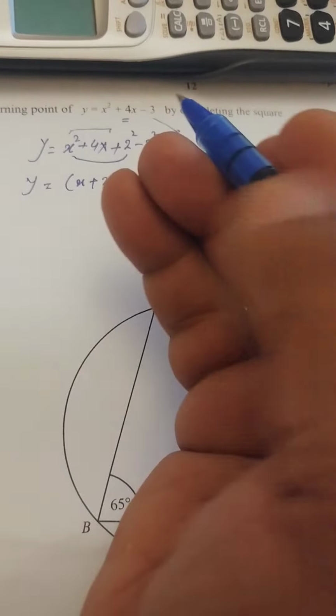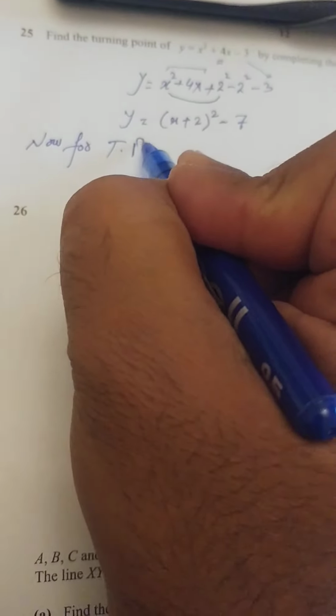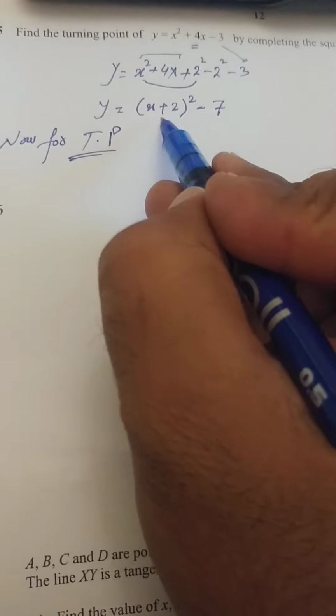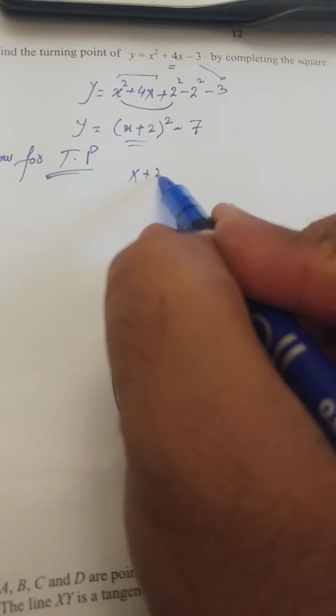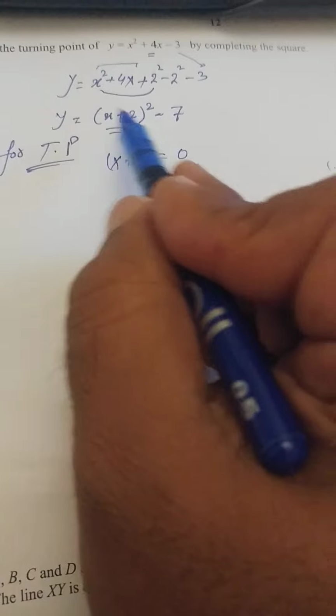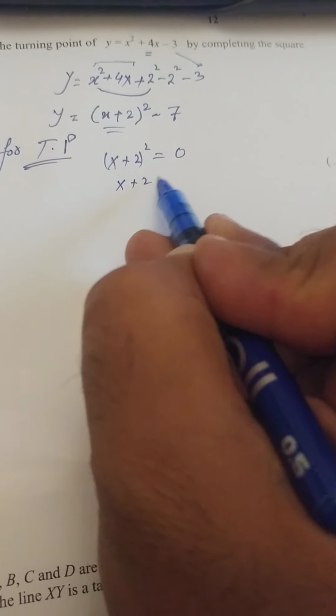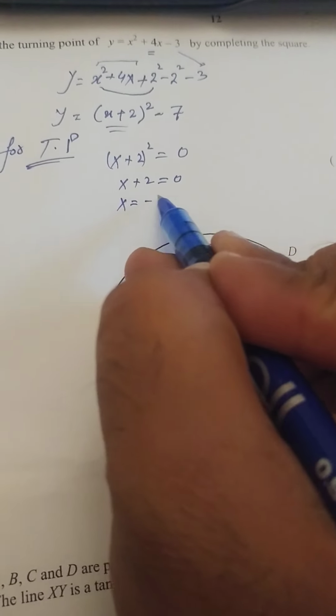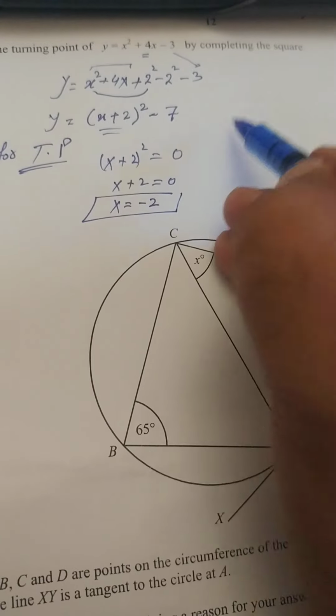Okay, fine. Now for TP, meaning turning point, do replace x plus 2 whole square equal to 0. So when this is 0, it means x plus 2 is 0. So x is going to be negative 2.